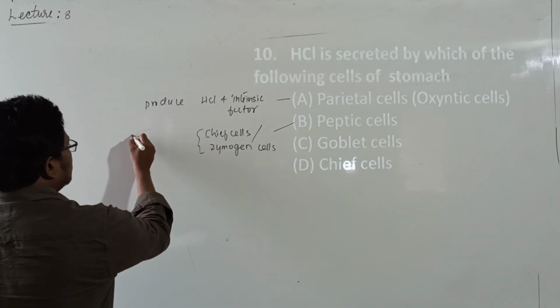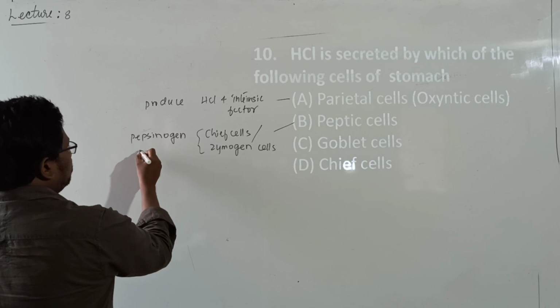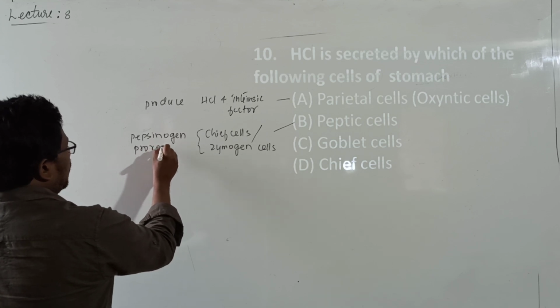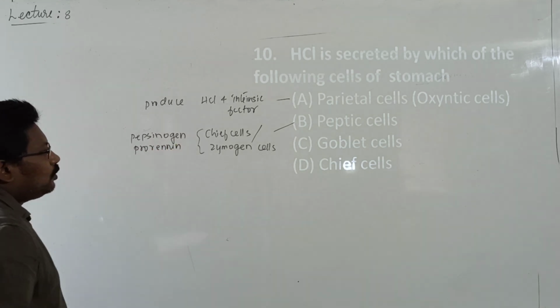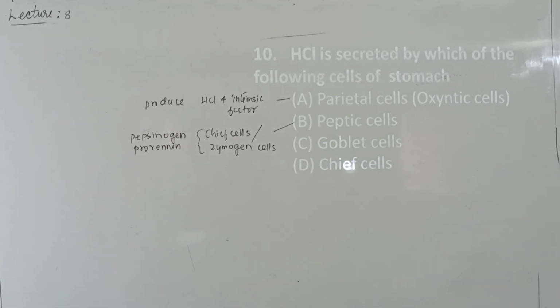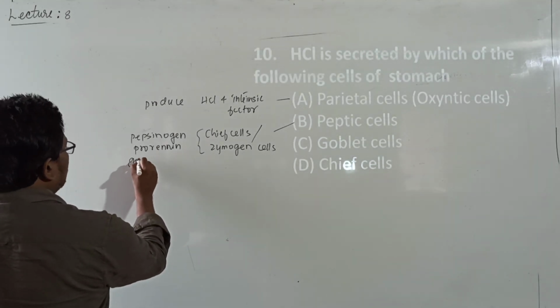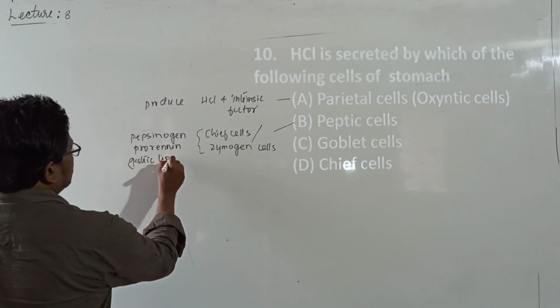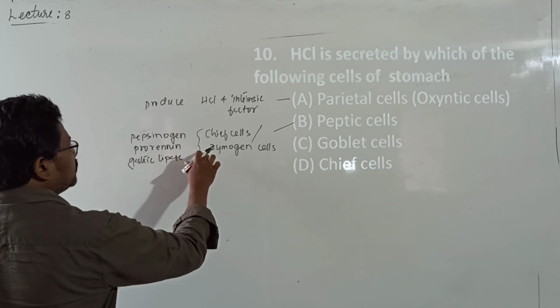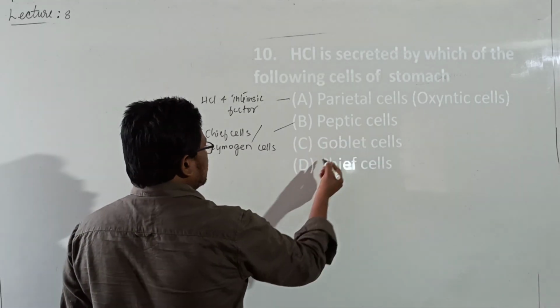So it produces enzymes in inactive form, the pepsinogen and prorenin will also be produced, and they may also produce gastric lipase.